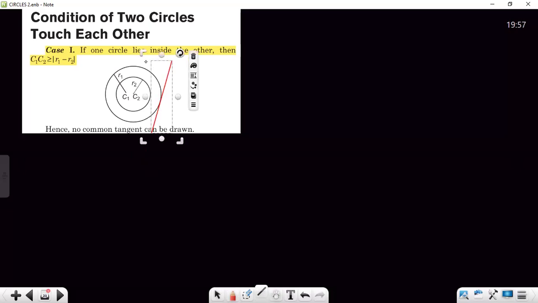No tangent can be drawn such that the same tangent is tangent to both of those circles. It is not happening. So there will be zero common tangents. And the distance between C1 and C2 is going to be more than or equal to the difference between the radii of the two.